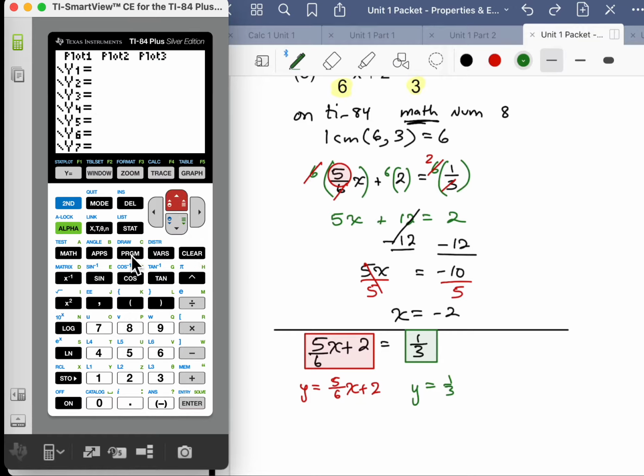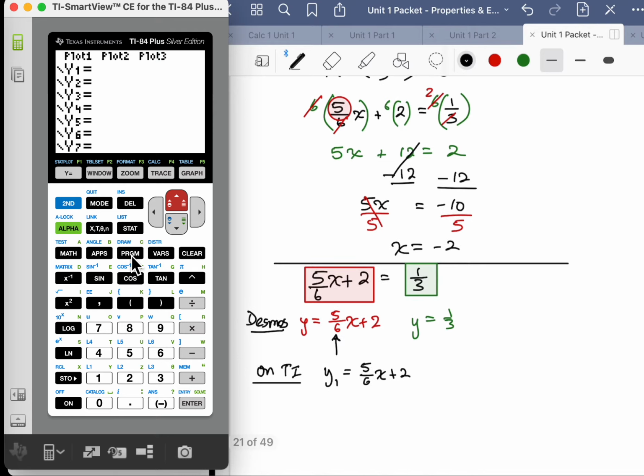Okay. So you start off with the 5/6x plus 2. On the TI, there's two ways to put in a fraction. So this is Desmos. On the TI, you're going to do y1 is equal to 5/6 x plus 2, but it's a question of how you get the 5/6.